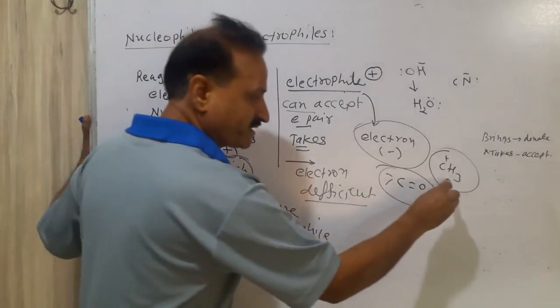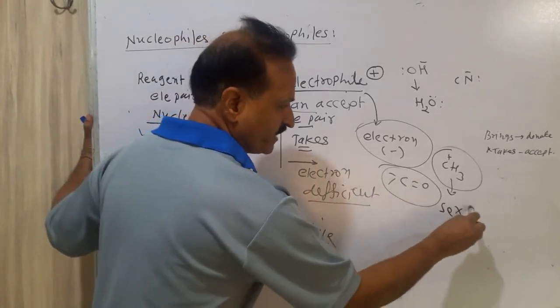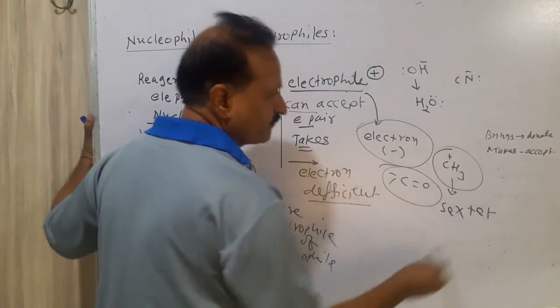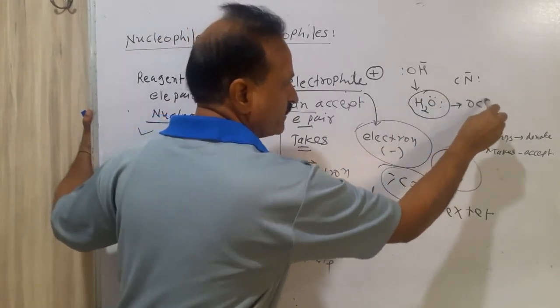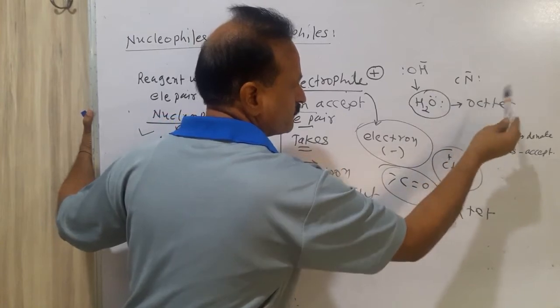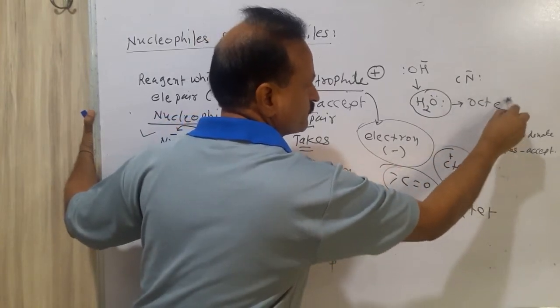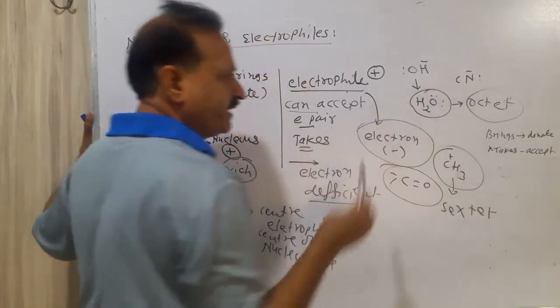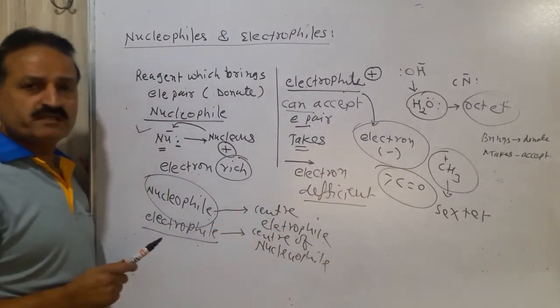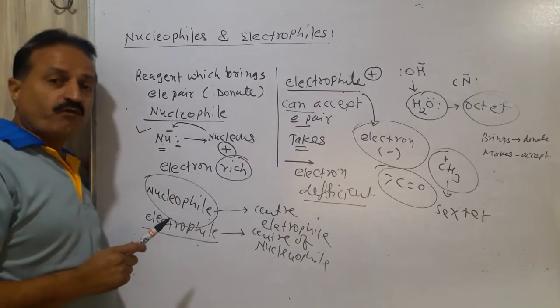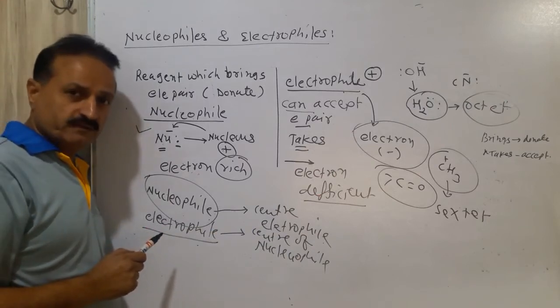Electrophile has a sextet, and nucleophile is always octet. There must be 8 electrons in the compound, and there must be 6 electrons in the electrophile.